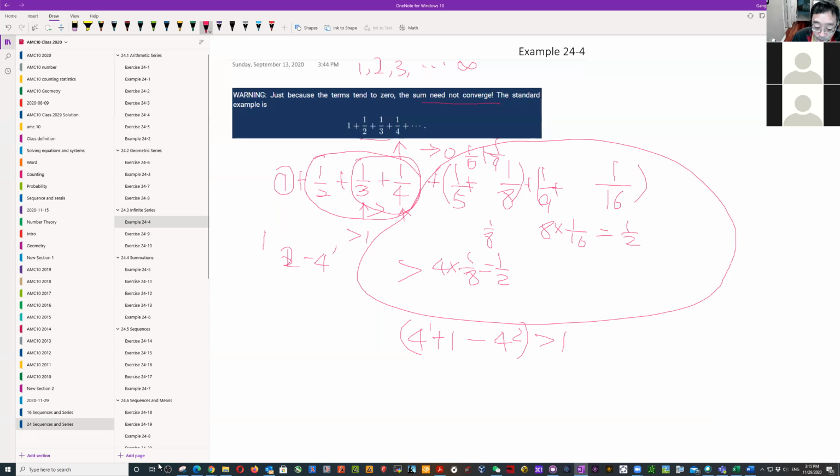So you can always keep this pattern going, that if you grab enough terms, you can always get an extra 1/2. So when going to infinity, this will be bigger than infinity. It is infinity.